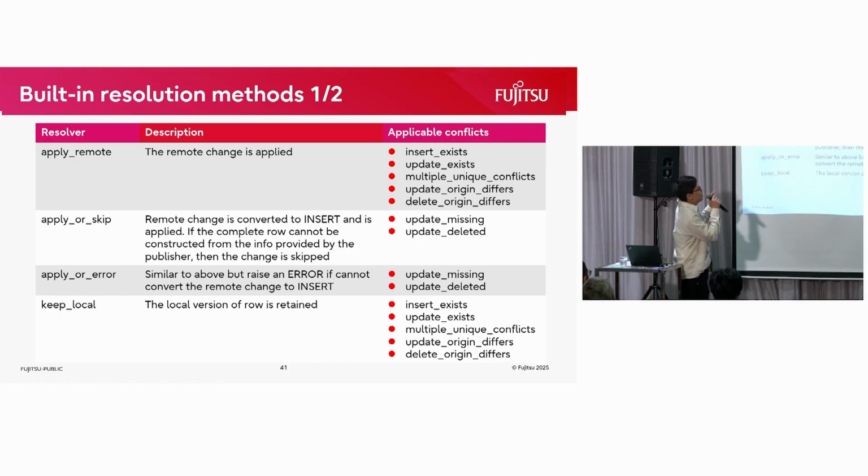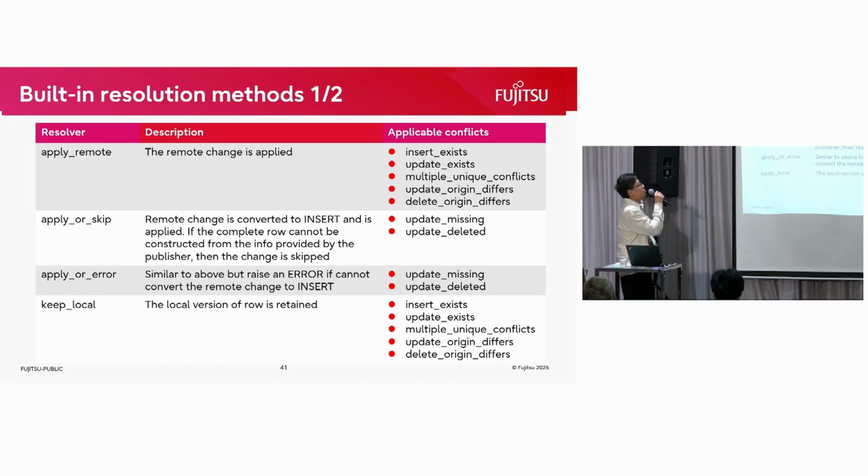And next here are all the built-in resolution methods. The resolver is the name of the method, with the description and which conflict can be resolved by this resolver. The first one is apply_or_skip, which means the remote change is applied or skipped. So this is a bit complicated. It means the remote change is converted to an insert and is applied.